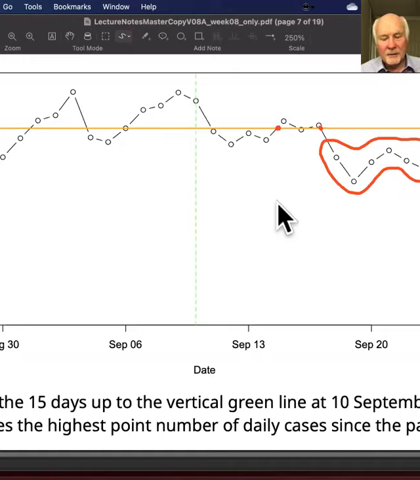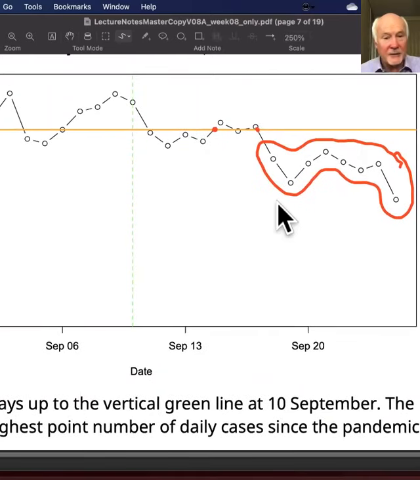Now, the qualification I keep making about this sort of COVID data is that pandemics are an unusually volatile kind of data generating process, and I would be very cautious and qualified by saying there is a downward trend there, but it certainly looks like it. And I think in the case of New South Wales, because the numbers are so large, there's probably a bit less of the kind of local effect that we get in Canberra.